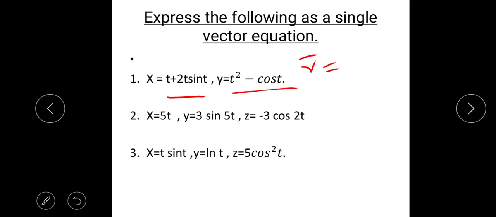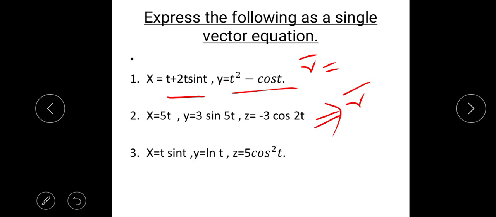It's very simple, isn't it? r is equal to (t plus 2t sine t) i, you put a bracket, plus (t square minus cos t) j. That is the corresponding vector equation. And similarly, you can try question number 2 and question number 3. Write the corresponding vector equation for each of these questions.